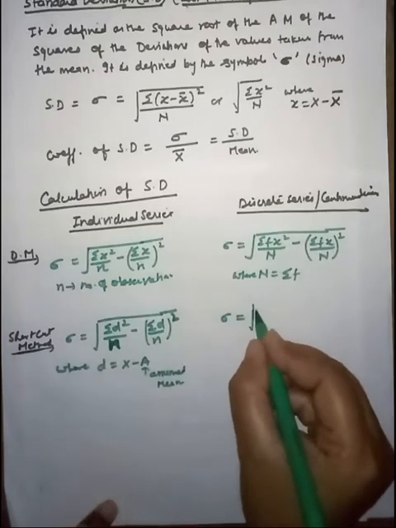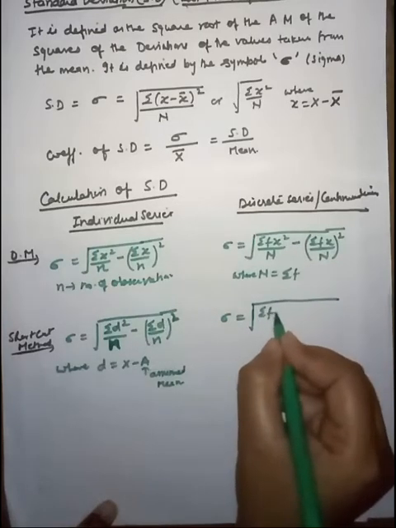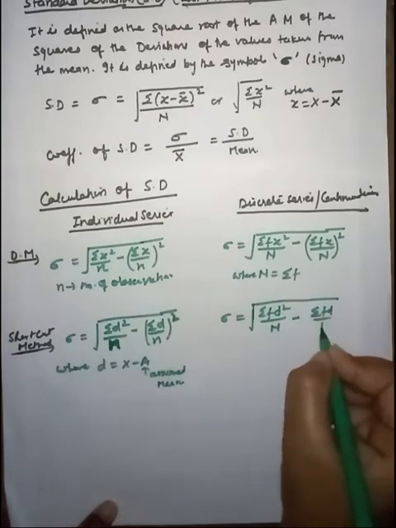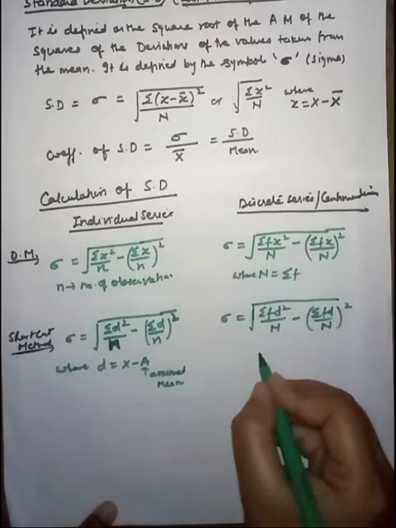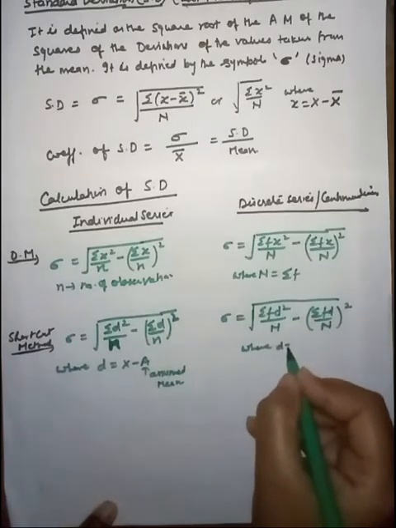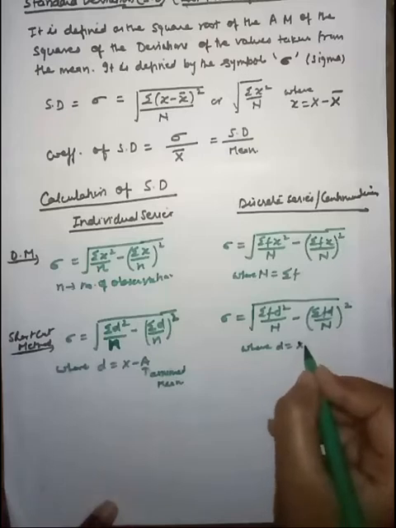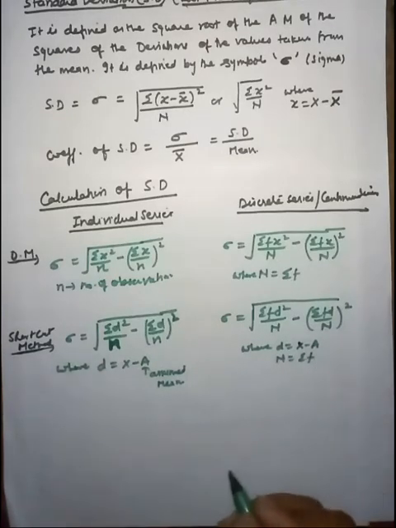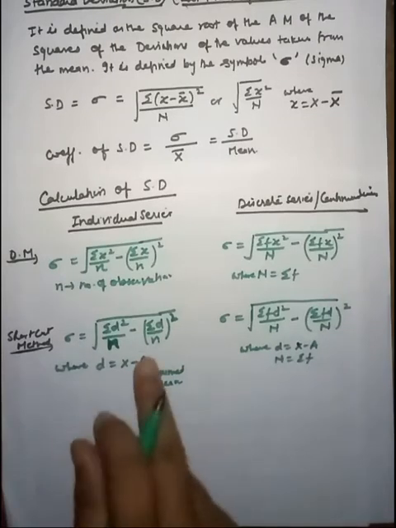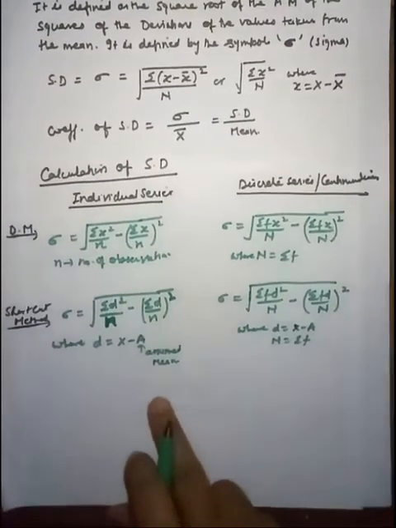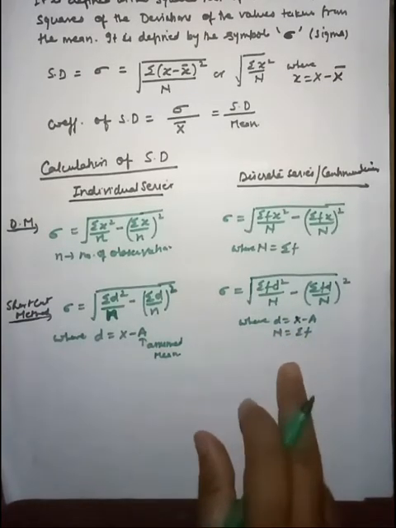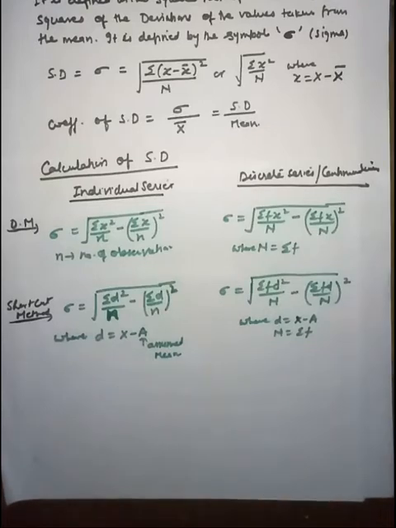Sigma equals summation f d square upon capital N minus summation f d upon N whole square, where d equals x minus a, and N equals the summation of f, right? So this is the shortcut method for the individual series, and this is the shortcut method for the discrete and continuous series. Now the next method is the step deviation method.